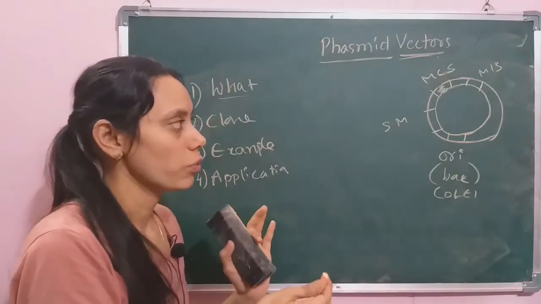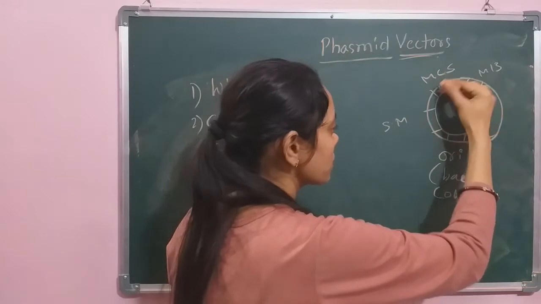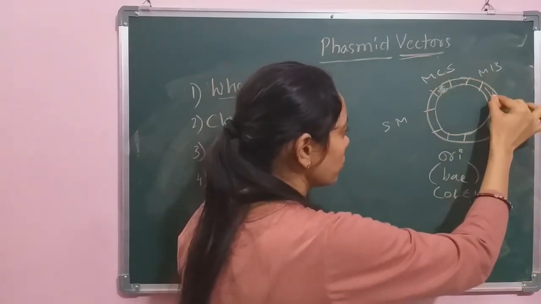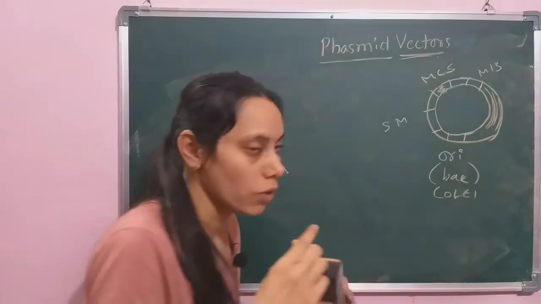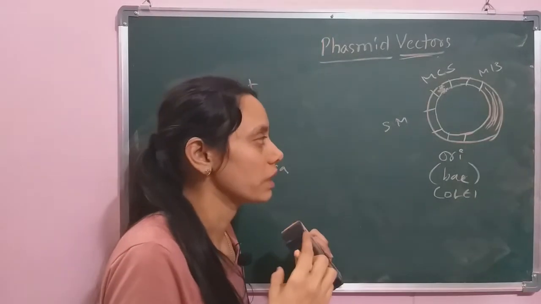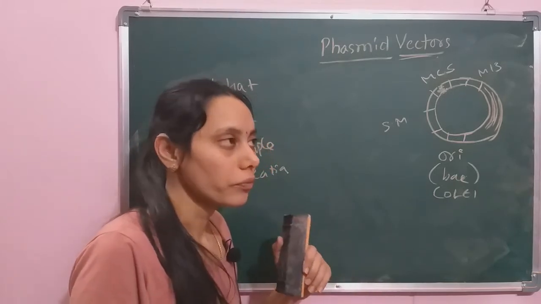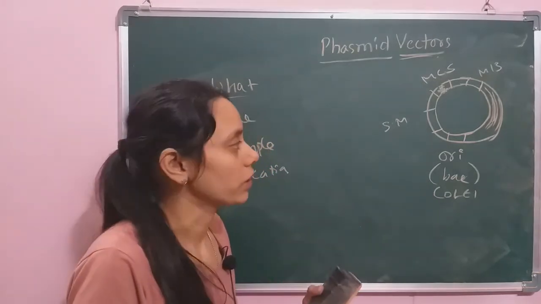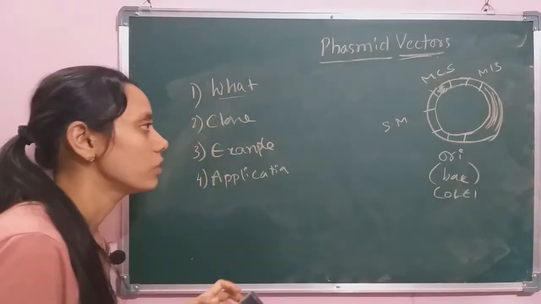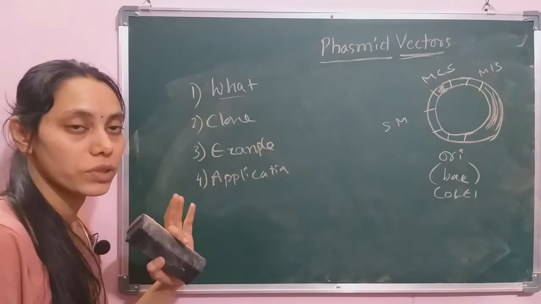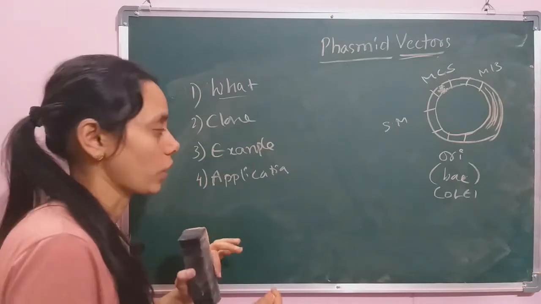So these are the main portions, and along with this plasmid portion there will be the M13 origin. Along with the M13 origin there will be a small region of the M13 DNA which is responsible for triggering the rolling circle mode of replication. So these are the main portions present in the phasemid vector.